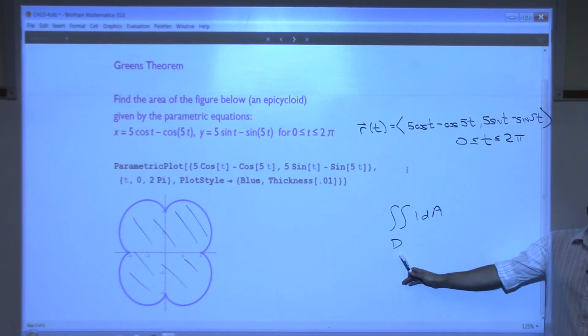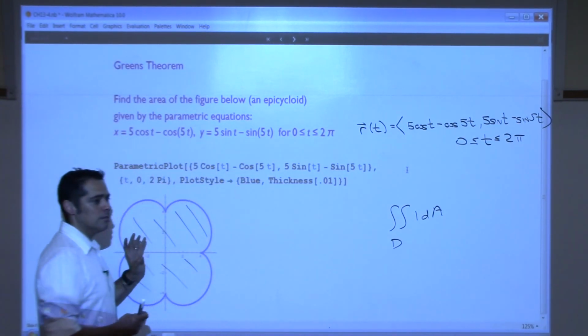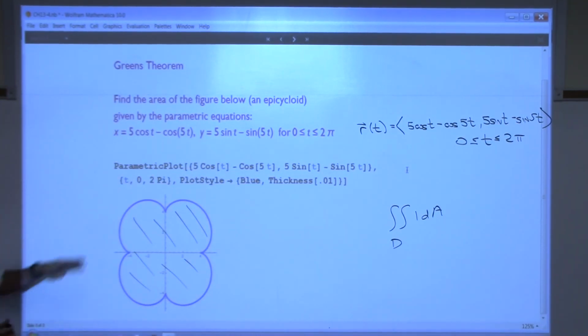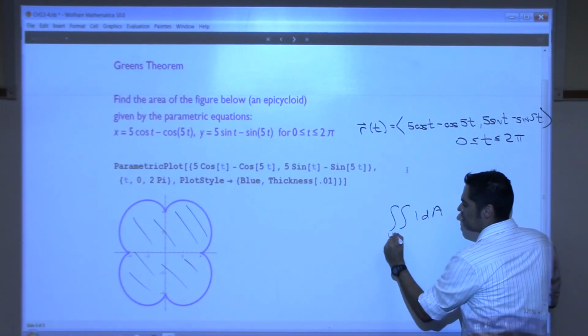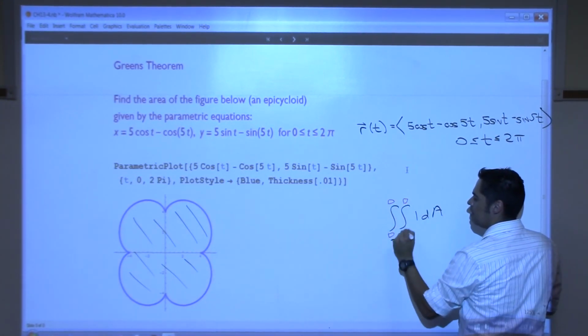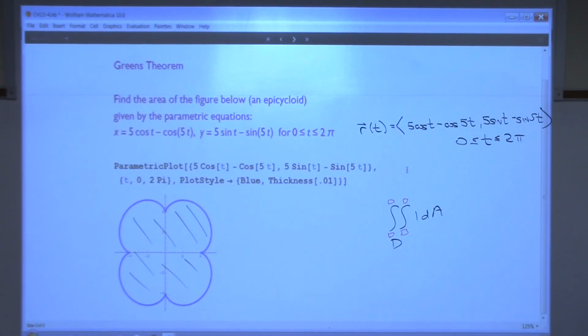And that region is not given to you in Cartesian, so it's not a Cartesian type 1 or type 2. And it's not polar either. Well, actually, no, it's parametric. It's truly not a polar region the way it's presented to us. So do you see that you're going to have a hard time coming up with limits of integration if you can't do this in Cartesian or in polar?